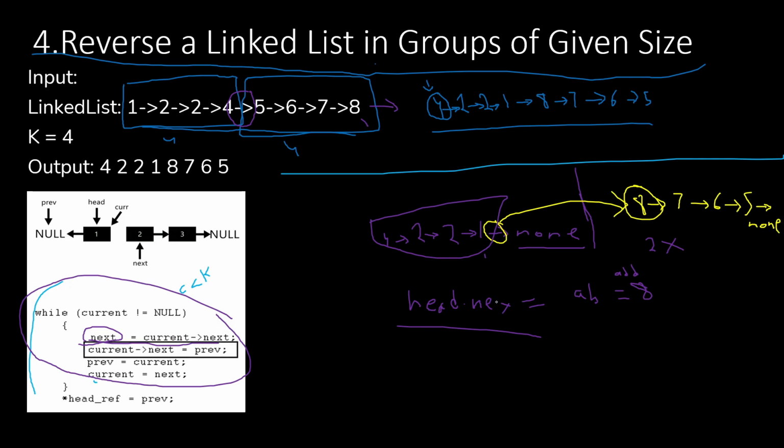Head was 1 initially. Now head dot next, this is head, but dot next is none here. So we are eliminating this none value and initializing with the address of 8. Now the direction of the arrow will be changed. Now it will be pointing towards the 8th element value here.